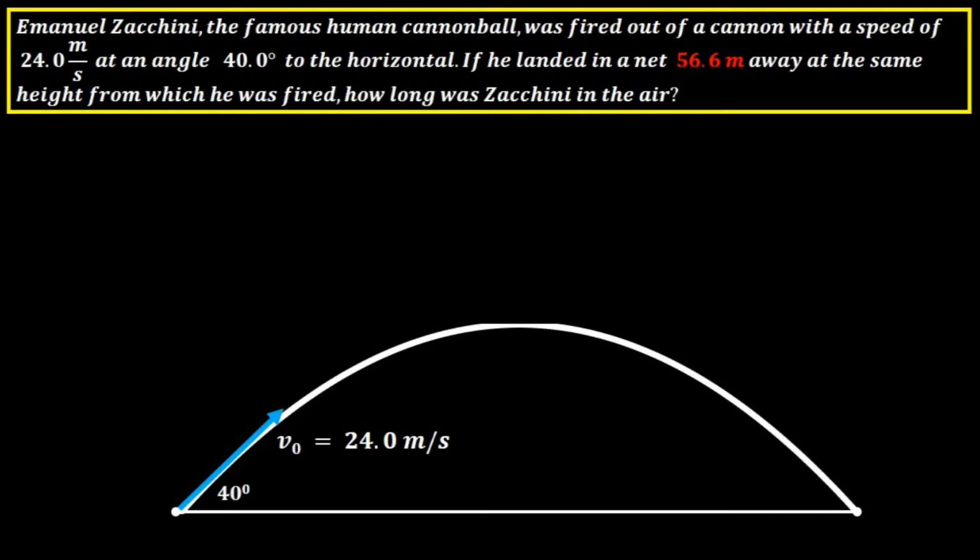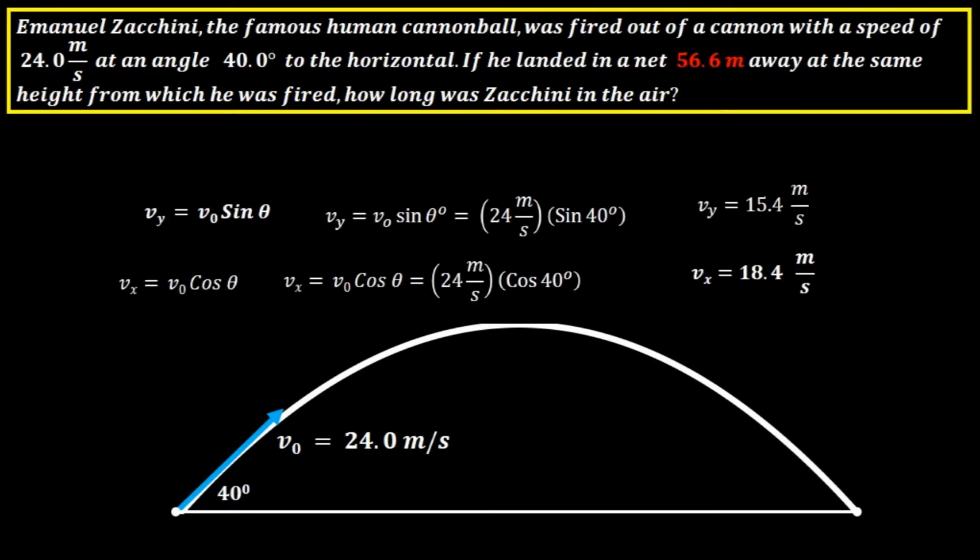I want to find ty, tx, dy, and dx, vx, vy, etc. So here is vy and vx. So vy is going to be 15.4 meters per second, and Vx is going to be 18.4 meters per second.